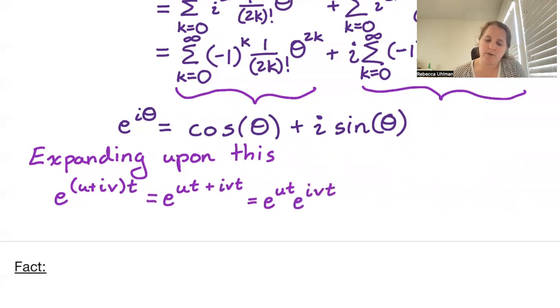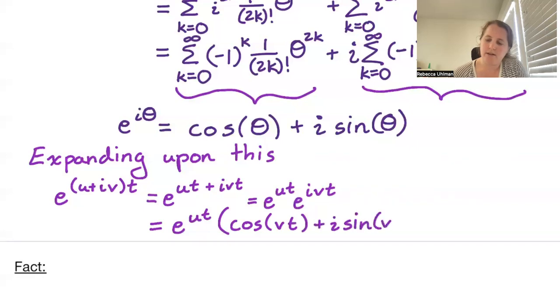And then if we use Euler's formula, this is e to the ut times cosine of vt plus i sine of vt.